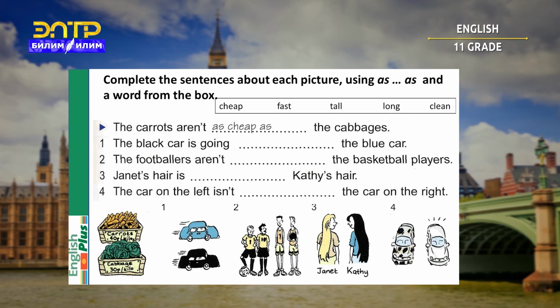We can see in the picture that carrots don't cost the same as cabbage. And you say, the carrots aren't as cheap as the cabbages because carrots are more expensive. Now, you have 1 minute to finish the other 4 sentences. Start now, please.